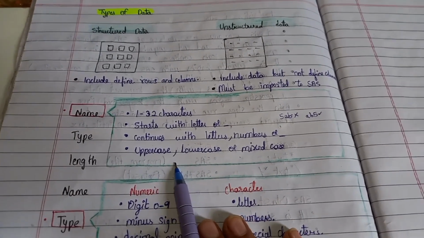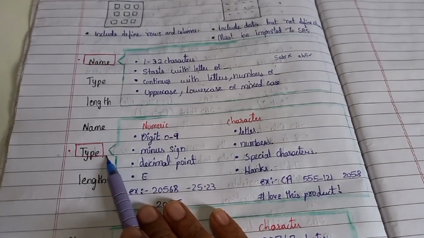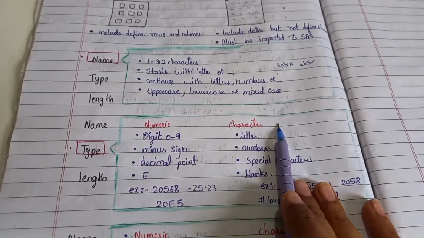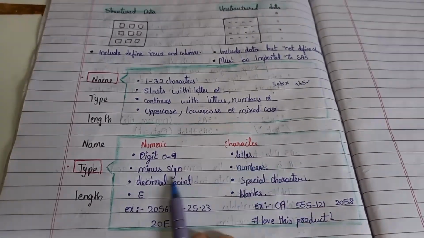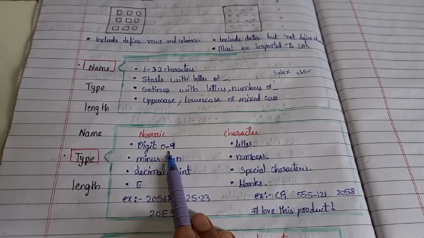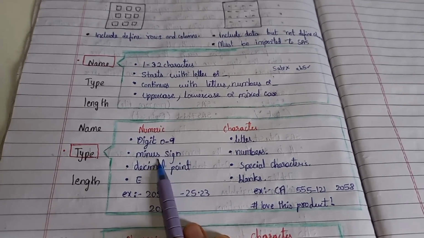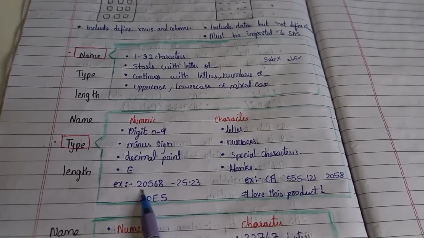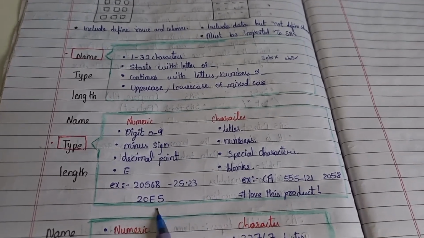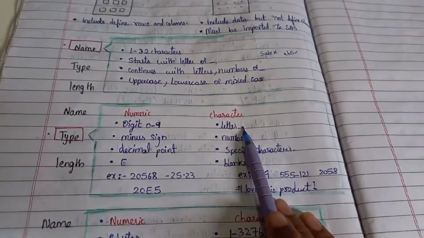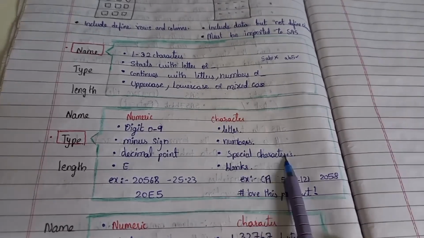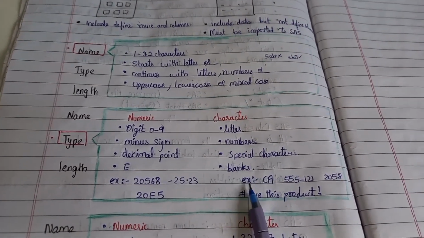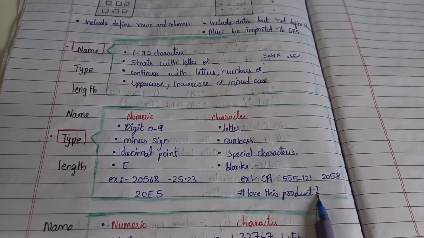Okay, and for data type, there are two types, numeric and character. In numeric we can use digits 0 to 9, minus sign, decimal point, and E also. These are the examples. And for character, letters, numbers, special characters and blanks, these are the examples we can use.